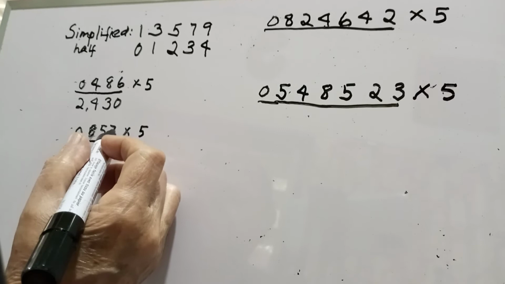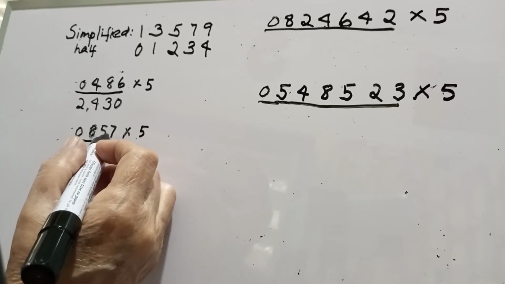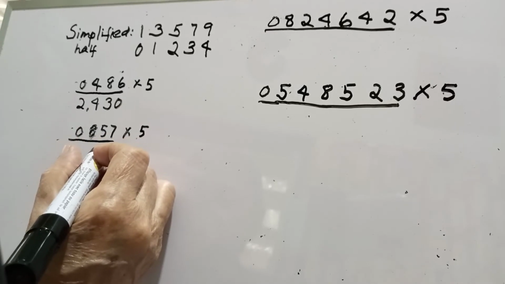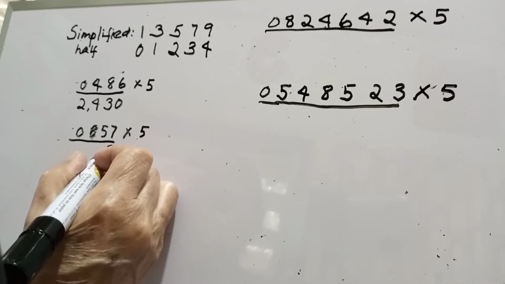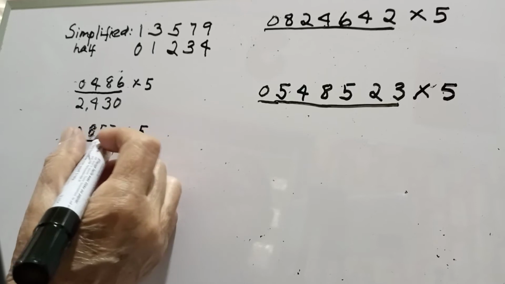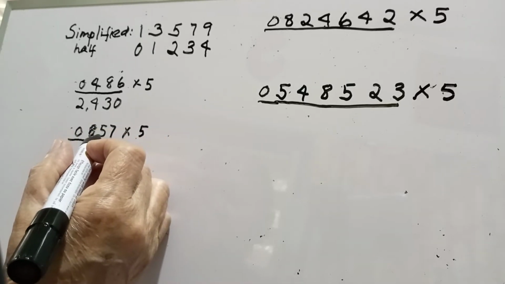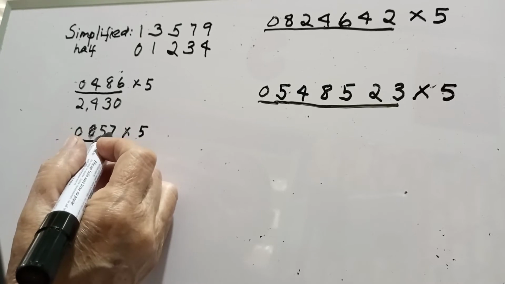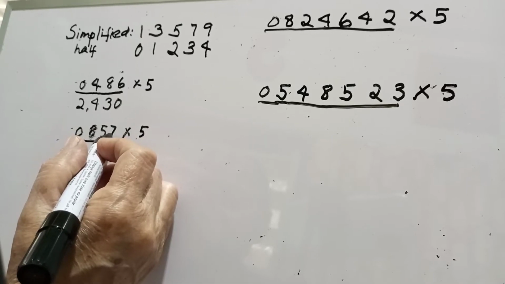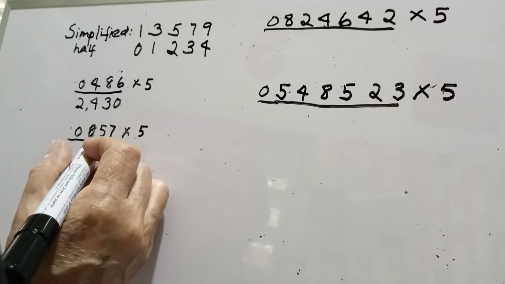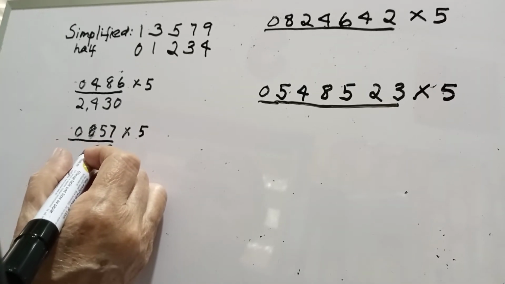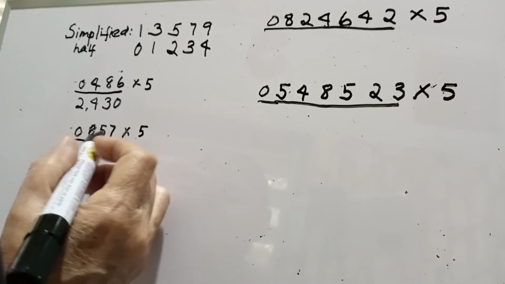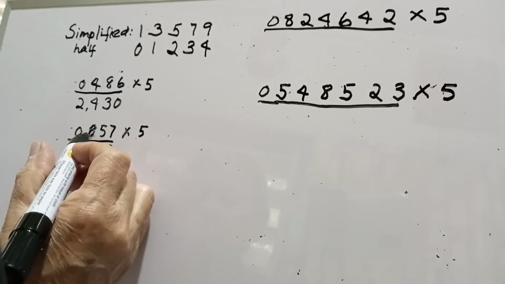Okay. 7 is odd. It has no neighbor. So write down 5. 5 is odd. So take 5 plus half of its neighbor, which is 7. So this is 5 and 3 is 8. 8 is even.